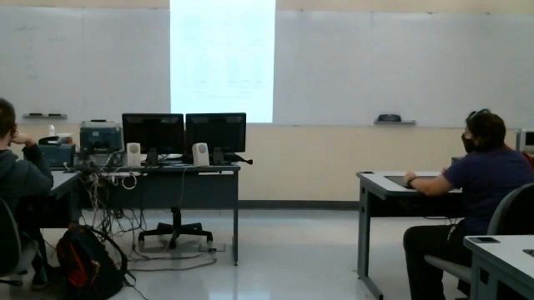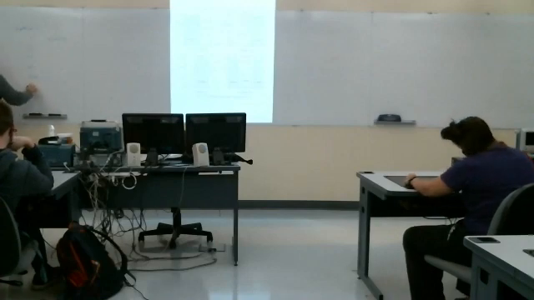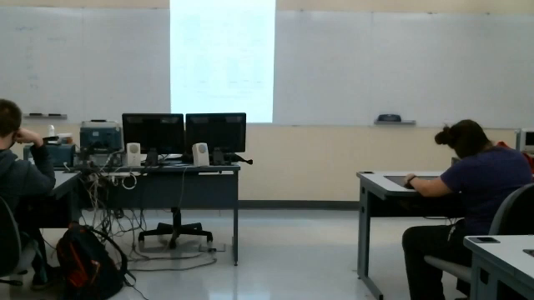Some other common ones you run into: square root of 2 is approximately 3. You can plug that in your calculator. 20 log of square root of 2 is approximately 3 dB.